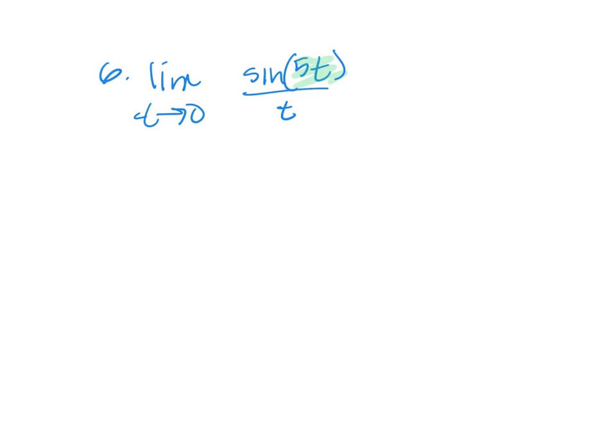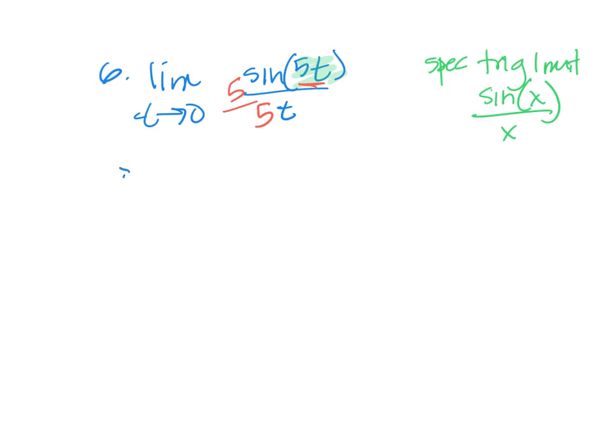The trig property, or the special trig limit, is this. It's when you have the sine of an argument over that same argument expression. So what we want to have happen here is this needs to be 5t in order to go with that argument. In order for that to be a 5, we multiply the numerator and the denominator by 5.